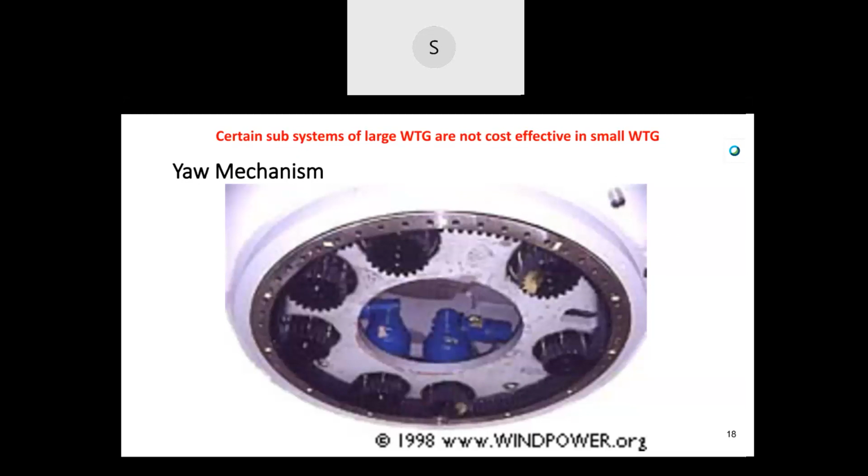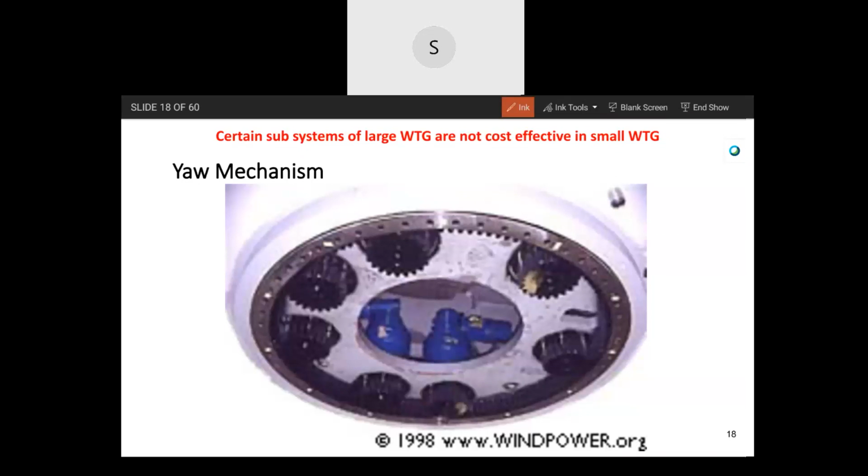One such system is the yaw mechanism. You know, the yaw operation. The nacelle, the housing on top of the tower, has to move horizontally, not continuous rotation, to adjust to the wind. It has to face the wind always. That is the yaw operation. For that, there is a yaw motor inside and the gears. The tower has a bottom door.